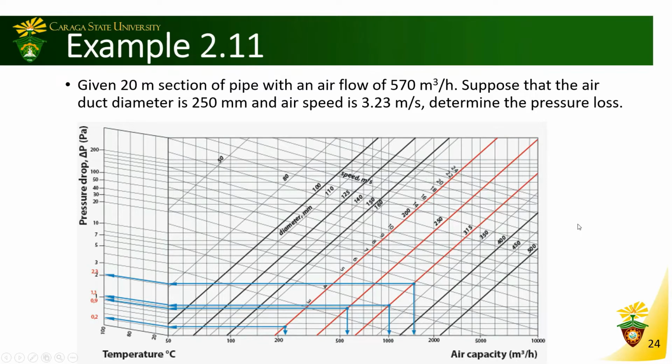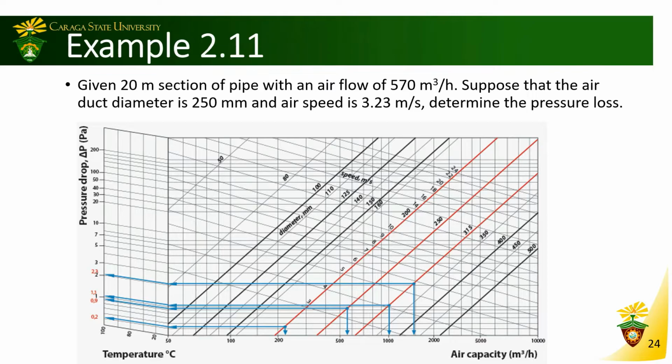20 meter section, airflow is 570 cubic meters per hour, and the duct diameter is 250 millimeters. The airspeed is 3.23 meters per second.